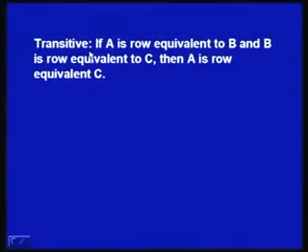The third is the transitive property. It says that if A is row equivalent to B and B is row equivalent to C, then A is row equivalent to C. In reflexive I have one matrix which is equivalent to itself. In symmetric I have two matrices, they are equivalent to each other.